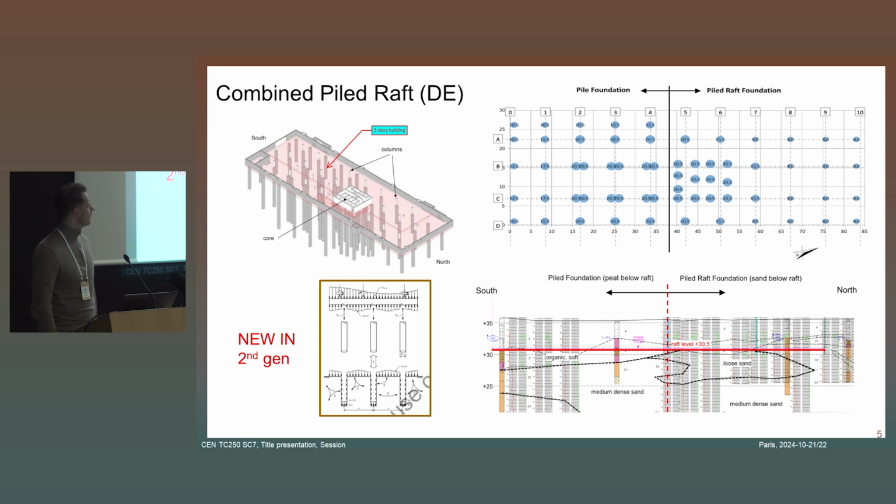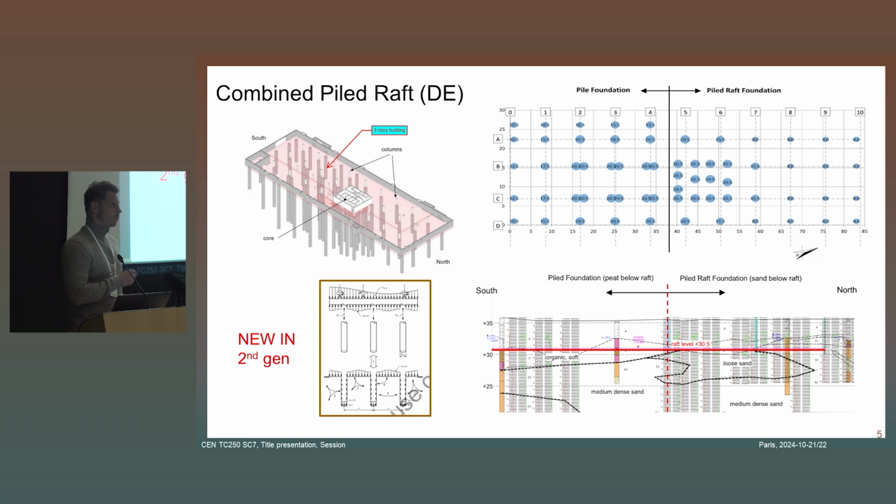The second GDR was quite extensive, how do you say? It was about a five-story building with columns on top of the foundation plate.